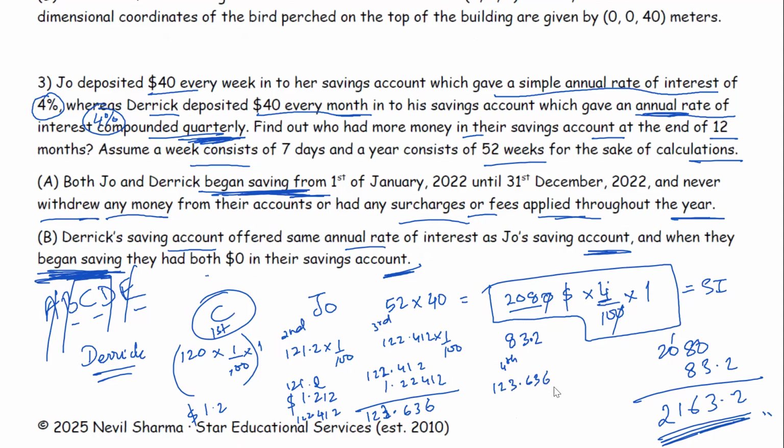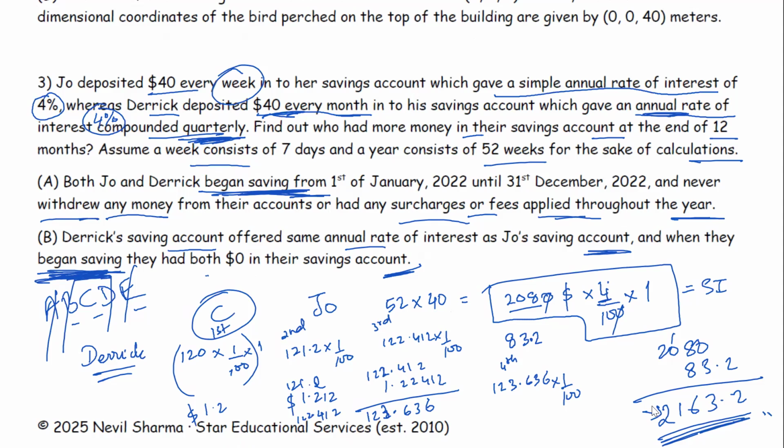So whatever the case is, we know that it's not going beyond this, because clearly Joe is depositing 40 every week and this guy is depositing 40 every month. And since the rate of interest is 4% and compounded quarterly only for 12 months, we do have a rough idea, if you're from banking, that the 40 every week wins, right?